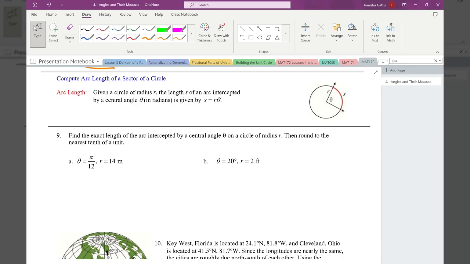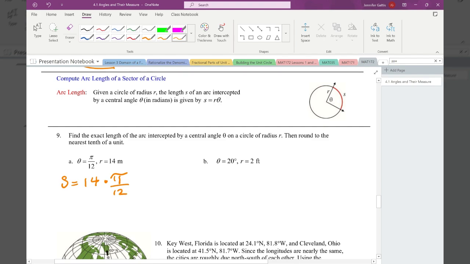So when we are looking at this, in order to find the length of an arc that is intercepted by this angle, we can say that S is equal to 14 times pi over 12.